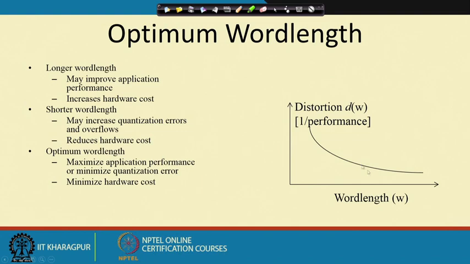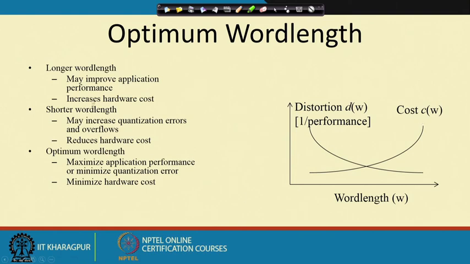So, if I put the curve, increasing the word length, the performance is basically increasing, but the cost is also increasing.